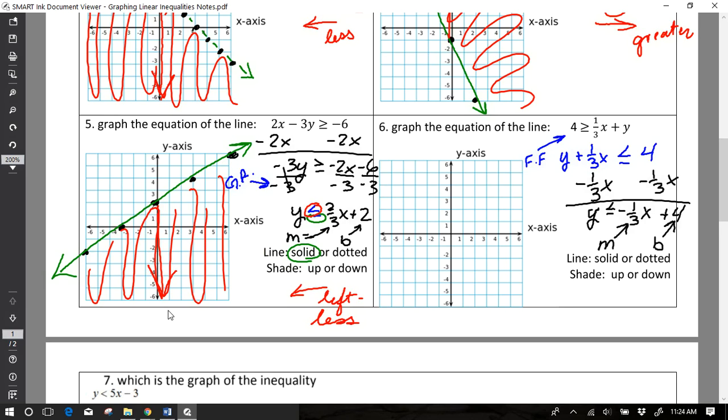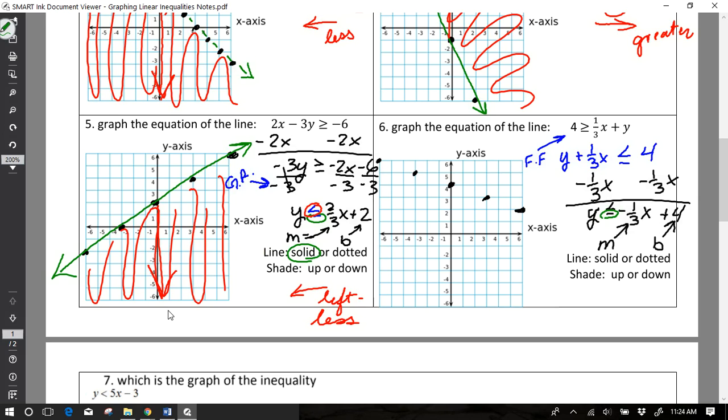Alrighty. Let's go ahead and graph that now, before we move on to number 7. Okay, so I plotted my slope and my y-intercept.